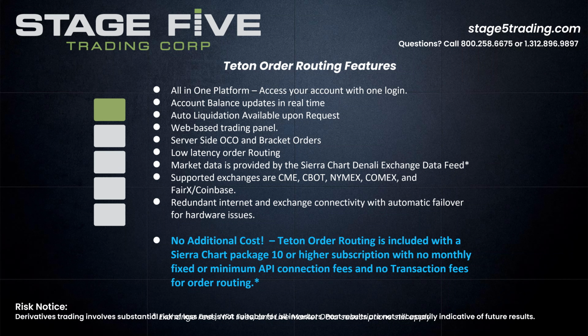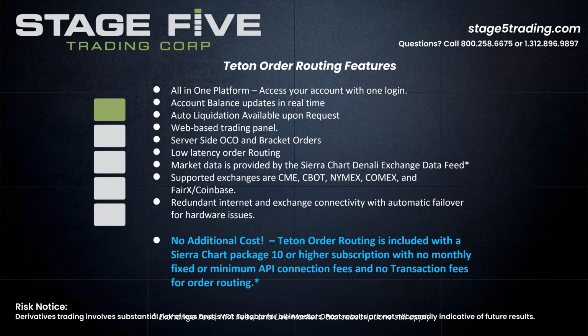And so all a user needs to do is to purchase Sierra Chart with package 10 or higher, and then they get the Teton order routing included. Of course, they'll have to pay for their market data, but there are no additional fees. Even our lower price packages, I think, connect to Teton, but I'd have to check on that.